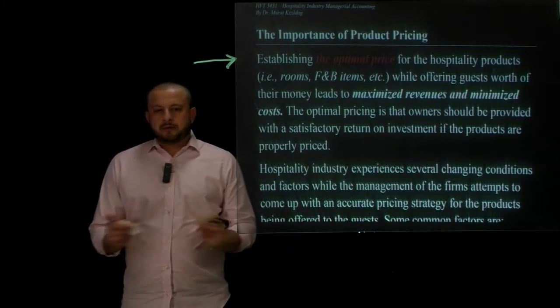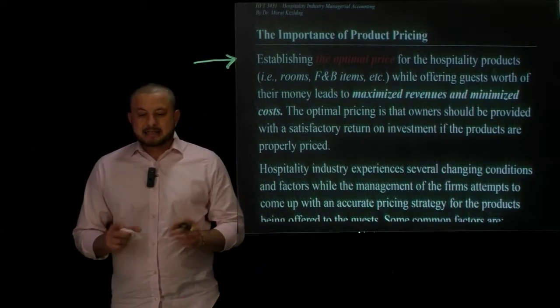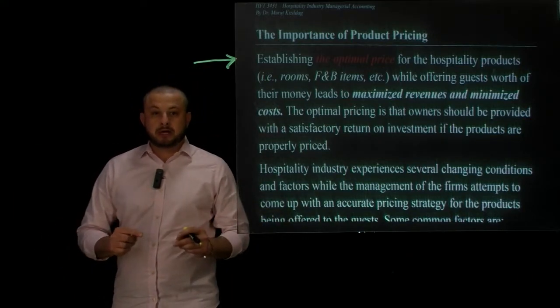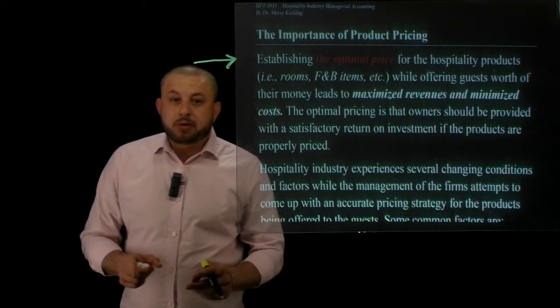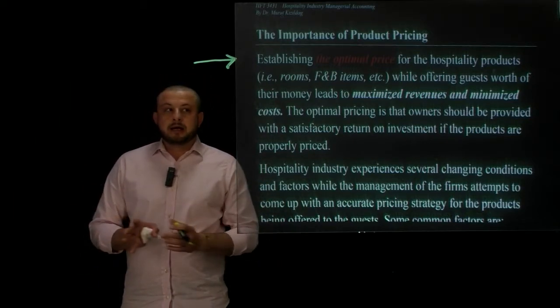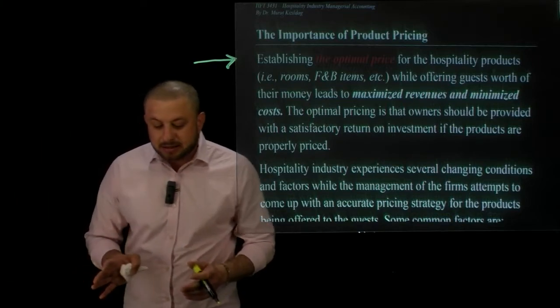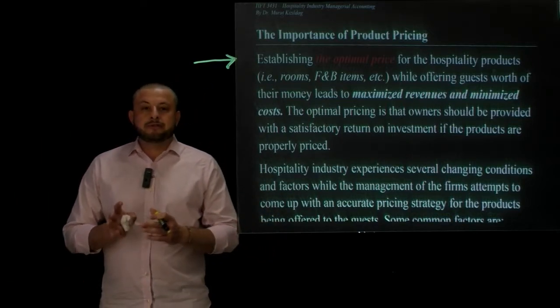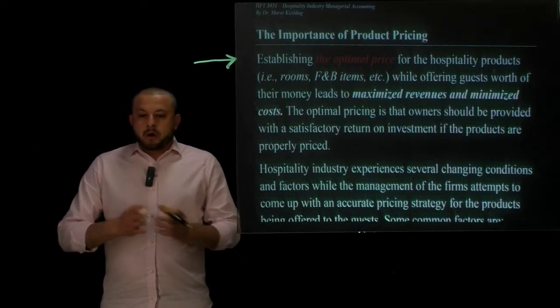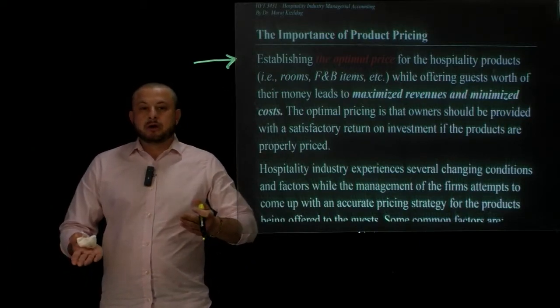Optimal pricing. What is it? Optimal price is the price level that provides the maximized revenues. In other words, optimal price is the price that sets the most efficient value for the hospitality properties, while minimizing the cost.